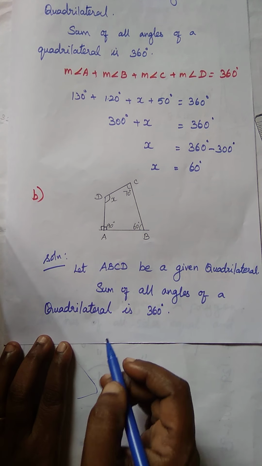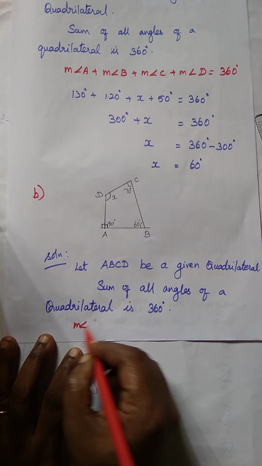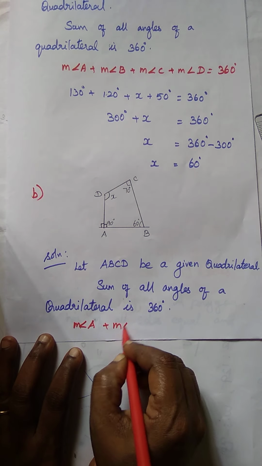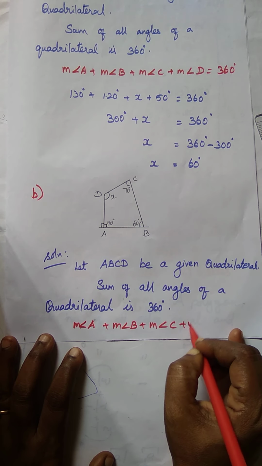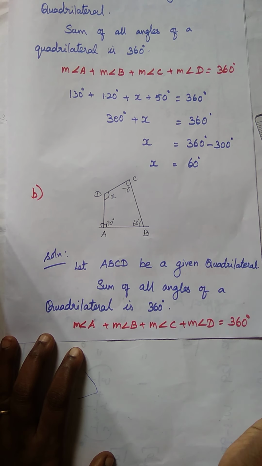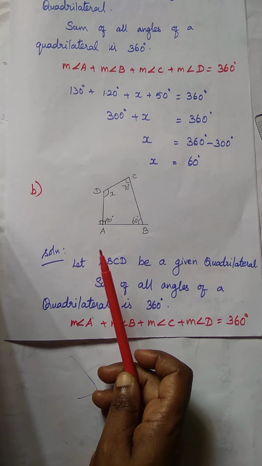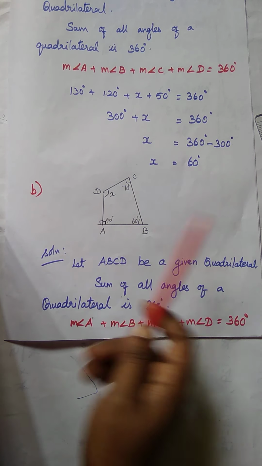In the same method, measurement of angle A plus angle B plus angle C plus angle D is equal to 360 degree. Clear? So angle A is what? 90 degree plus 60 degree plus 70 degree plus x is equal to 360 degree.